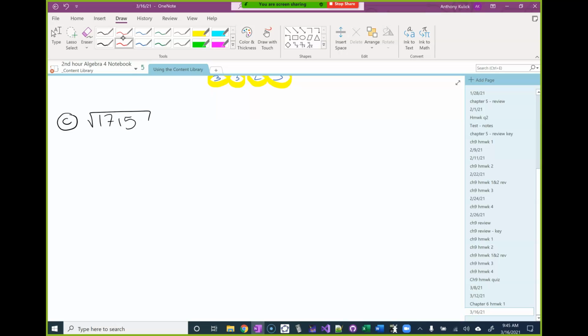Sorry guys, I need a minute. What do we know is going to be a divisor of 1715? 5. How do you know that? It ends in a 5 or a 0, right? Yep.